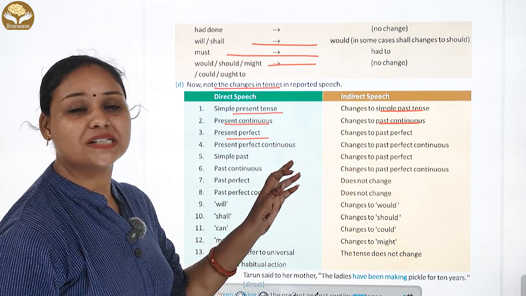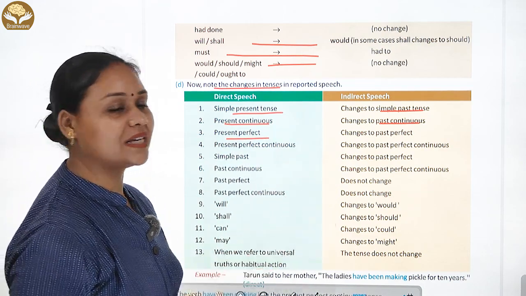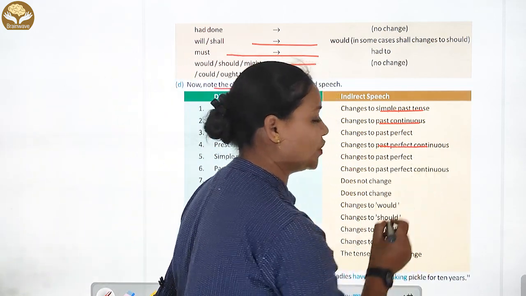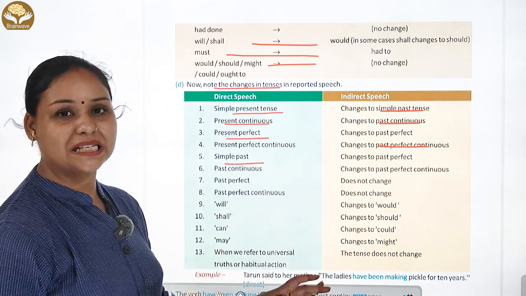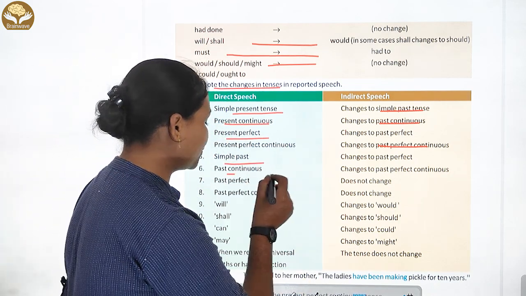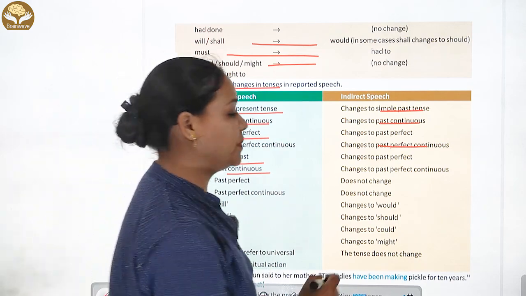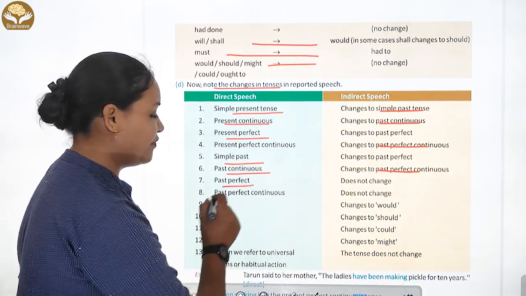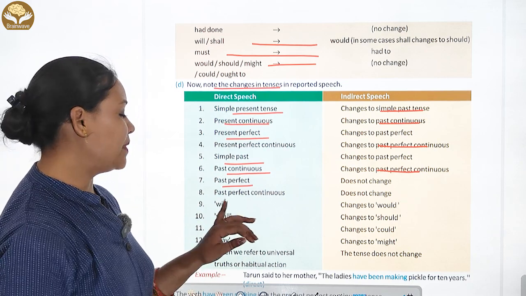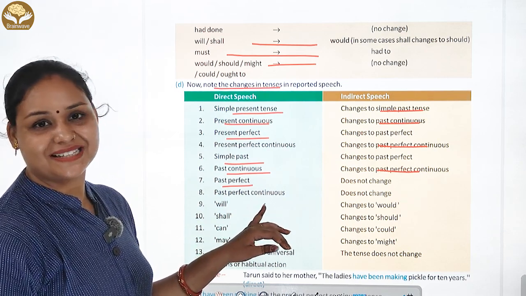Present perfect continuous changes to past perfect continuous. Next is simple past changes to past perfect. Past continuous changes to past perfect continuous. Past perfect no change, past perfect continuous no change.